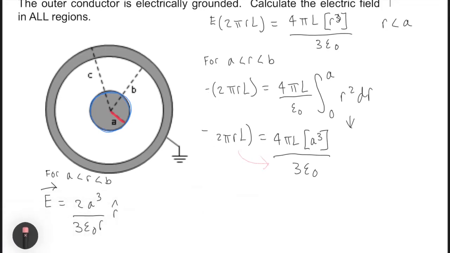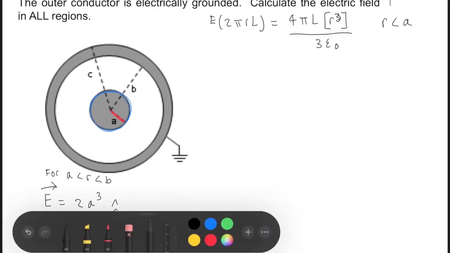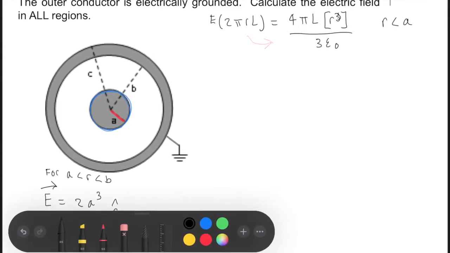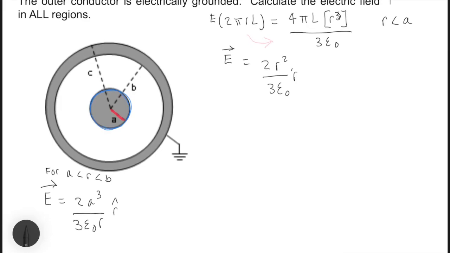And I didn't solve for this first one up here, so let me math that out really quick. Let me divide by 2 pi RL. And we get the electric field is equal to 2r squared over 3 epsilon naught r hat.